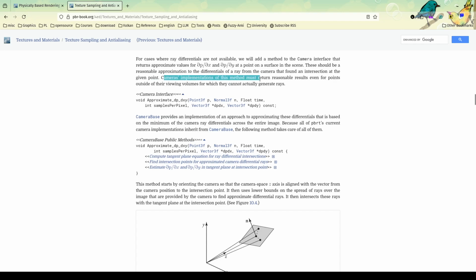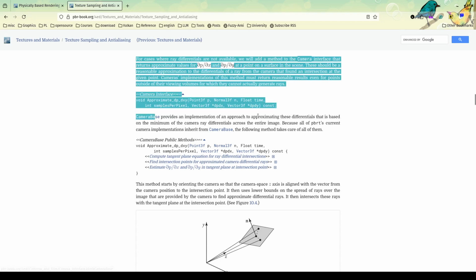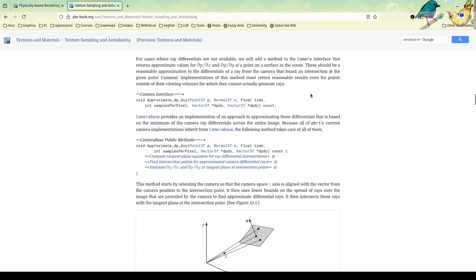Camera's implementation of this method must return a reasonable result even for points outside their viewing volumes, which they cannot actually generate rays for. CameraBase provides an implementation of an approach to approximating these differentials that is based on the minimum of the camera ray differentials across the entire image.